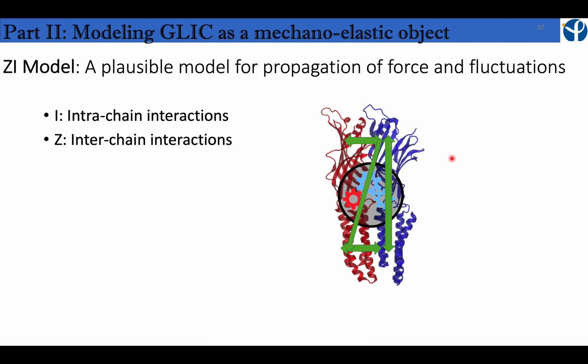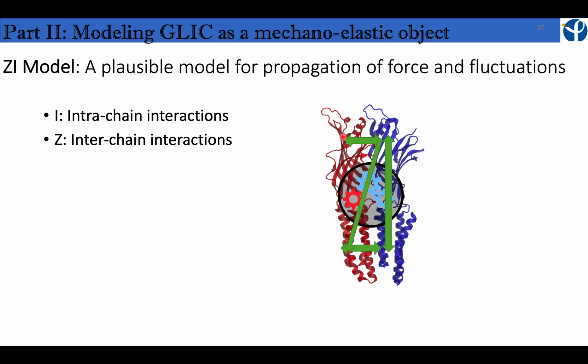So based on force propagation and fluctuation propagation, we propose a plausible model. This model is called the ZI model, and I denotes intrachain interactions and Z denotes interchain interactions. Let's take a look. As I said, between ECD and TMD there are interactions. At the interface also there are intrachain interactions.